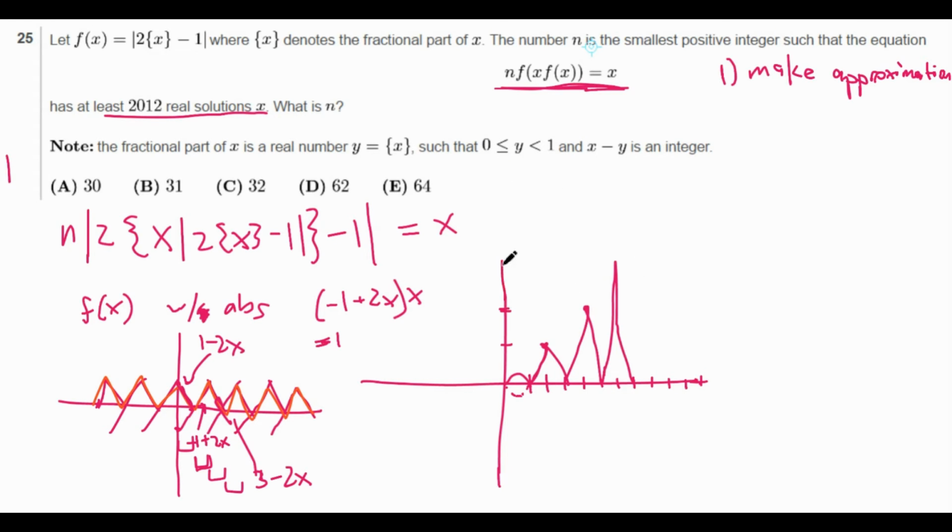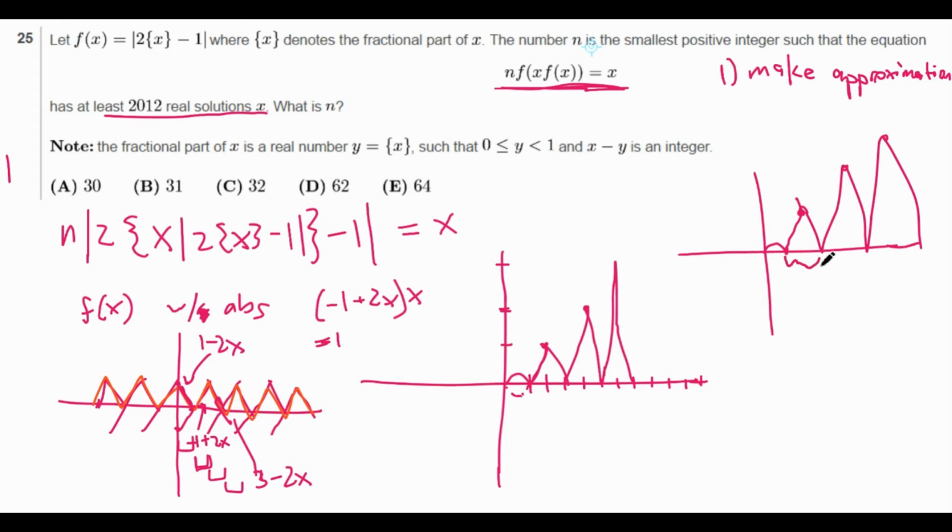So in essence, the graph of x times f(x) looks like something small right here, then a bump to (1, 1) and back down, a bump to (2, 2), back down, a bump to (3, 3), back down. And the base of each of these, they're not really triangles, is 1.